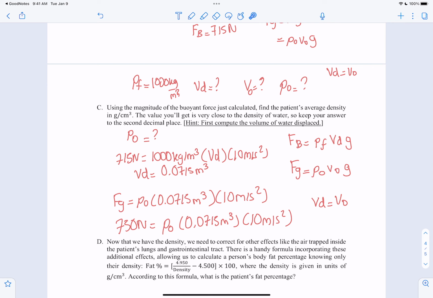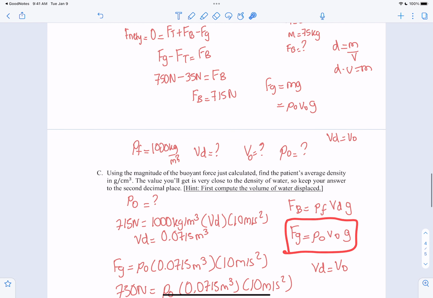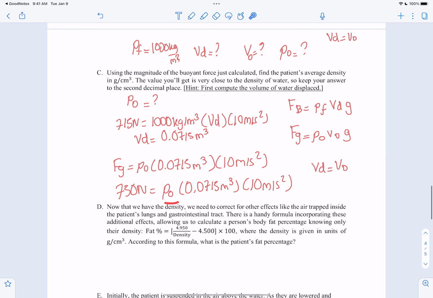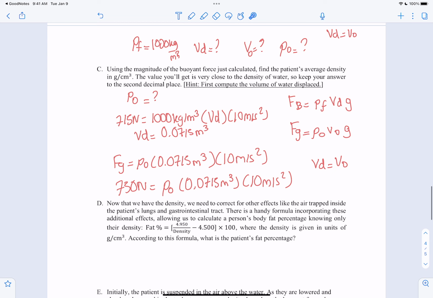Now that I have the volume of the object, what do I do? You can set up this equation since we know that force of gravity is equal to mg, and mass is equal to density times volume. So we can put in the density of the object times the volume of the object. Volume of the object is the volume displaced. Multiply these known values together, divide them over to get your density of the object.